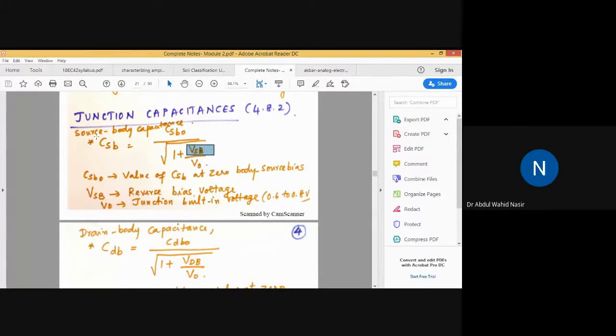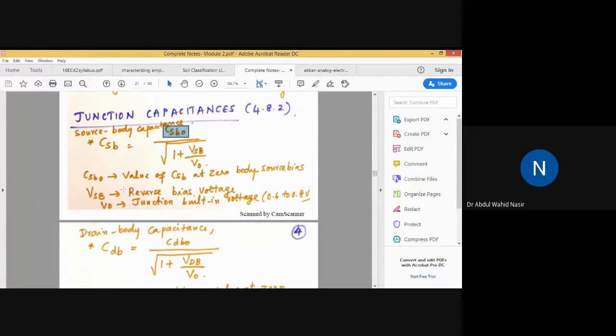So CSB naught is that value of CSB where we substitute VSB by 0, a zero biasing voltage. That is your CSB naught.